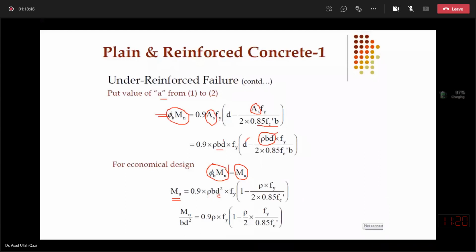Furthermore, when we brought d common outside, it will become 1 minus rho, since b over here and b over here have already cancelled and d has been taken outside. So we are left with rho into Fy divided by 2 into 0.85 into fc prime.